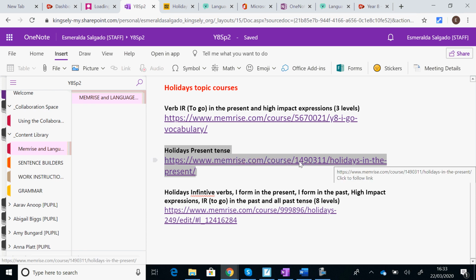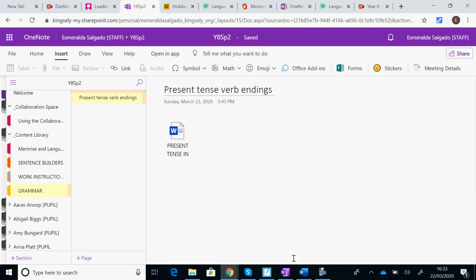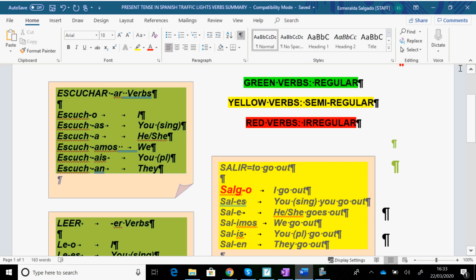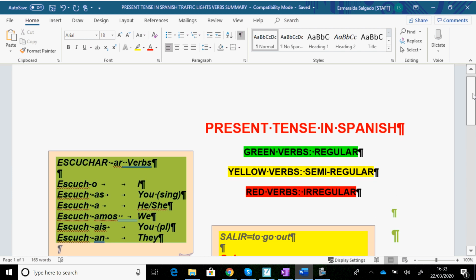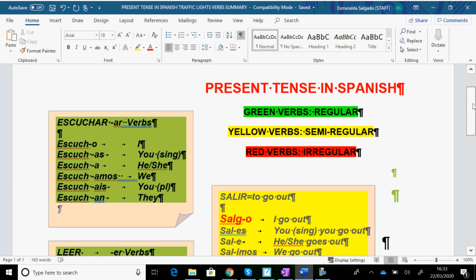This course is going to allow you to practice all these endings that we have. Remember, you can have those endings in a flashcard now with you, or in the grammar section in here, you do have that as well. Basically you can print it out, stick it in your book. You already have a copy of this in your book.